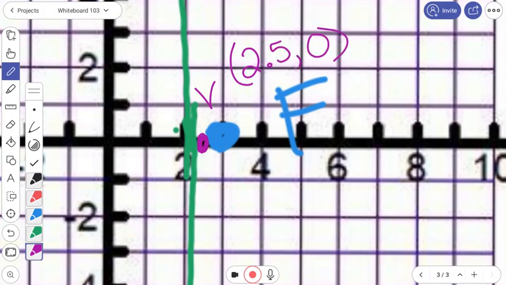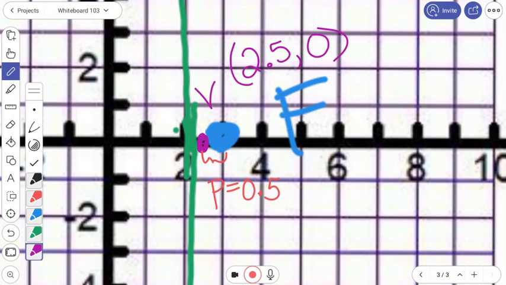Halfway in between 2 and 3 is 2.5. So let's figure out how big our p value is. The distance from the vertex to the focus is just 0.5. It's half a step.